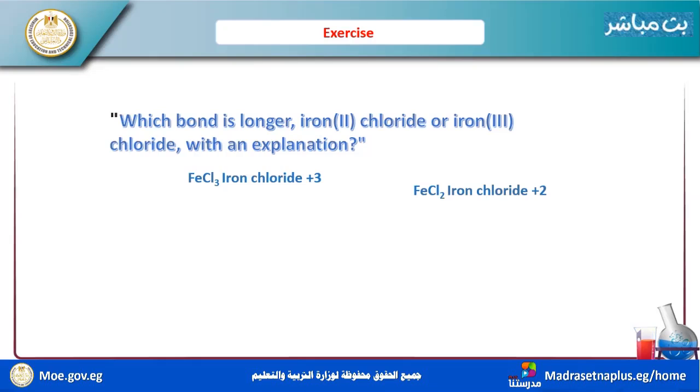So Fe3+ is smaller than Fe2+ in ionic radius. But Cl- and Cl- are the same. So the difference between these compounds is Fe2+ and Fe3+. So the FeCl3 bond is shorter than FeCl2. The radius of Fe3+ is less than Fe2+, so the FeCl2 bond is longer than FeCl3.